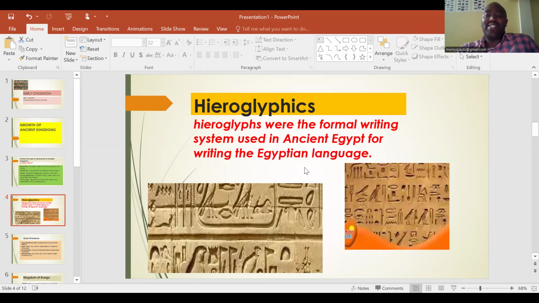You need to be careful lest you bite your tongue. It was a formal writing system used in ancient Egypt for writing the Egyptian language, and it's among the key factors that led to the growth of ancient Egypt.